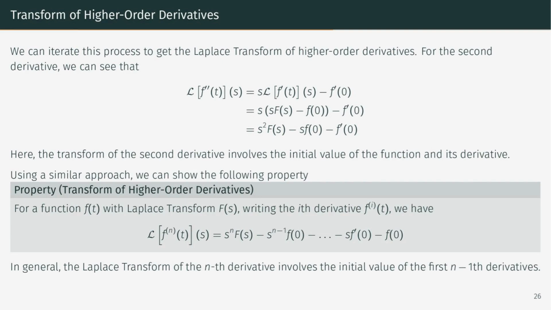It states that for a function f(t) with Laplace transform F(s), writing the ith derivative of f as f^(i)(t), we have the Laplace transform of f^(n)(t) equals s^n F(s) minus s^(n-1) f(0) minus ... minus s f'(0) minus f^(n-1)(0). In general, the Laplace transform of the nth derivative involves the initial values of the first n minus 1 derivatives.